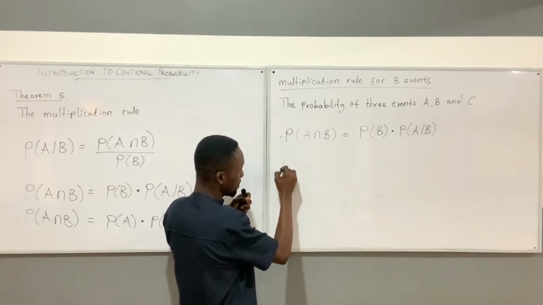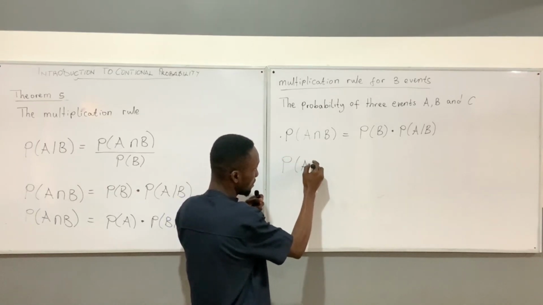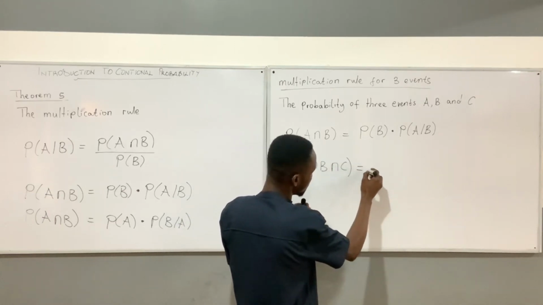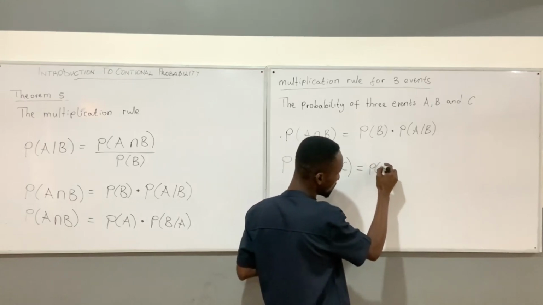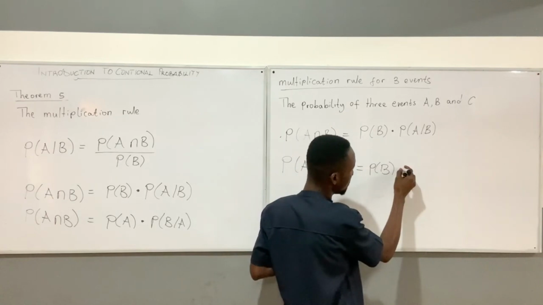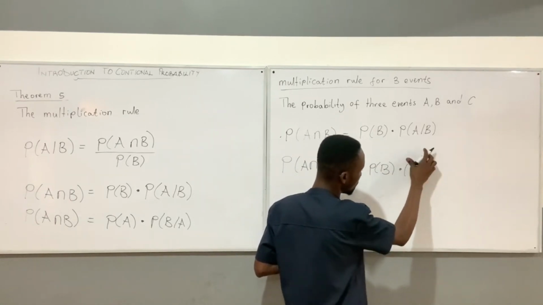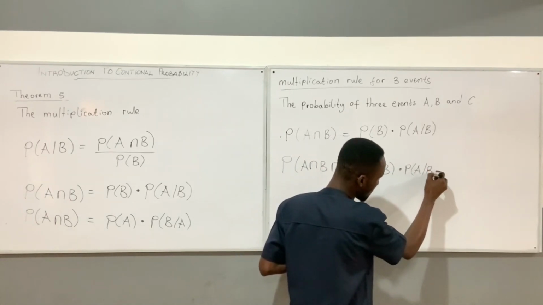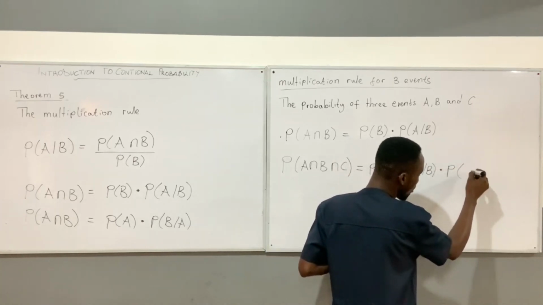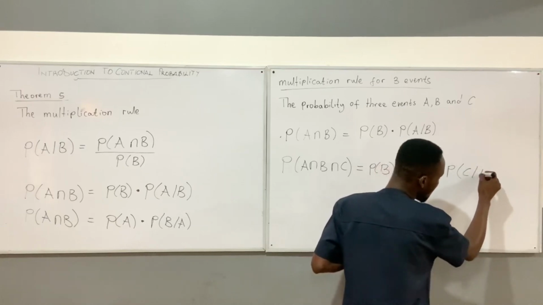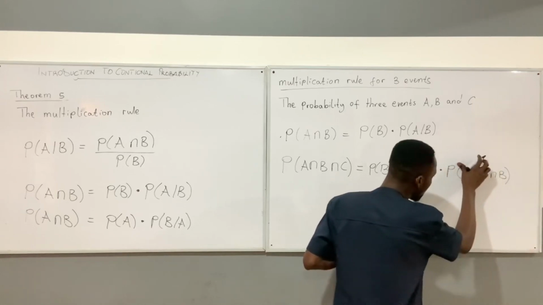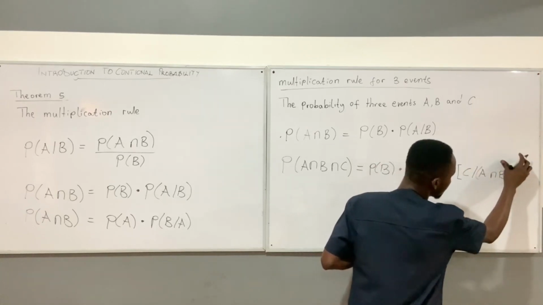Then we have the probability of event A intersection event B intersection event C, and this is going to give us the probability of event B. I'm using the same formula to deduce this. So the probability of event B times its conditional probability of A as B has already occurred times the conditional probability of event C as A intersection B has already occurred. So let me put this in a square bracket.